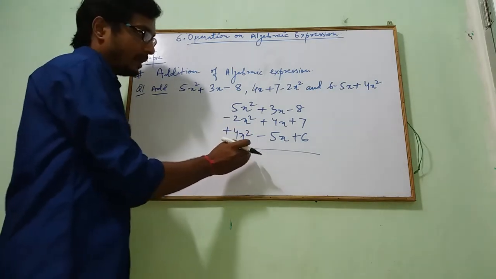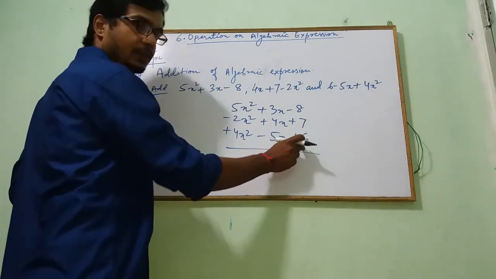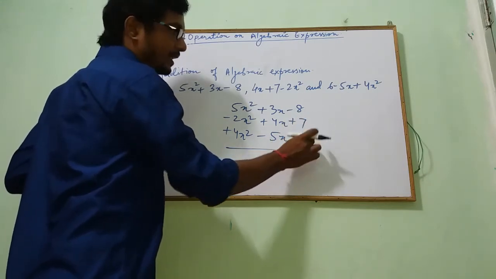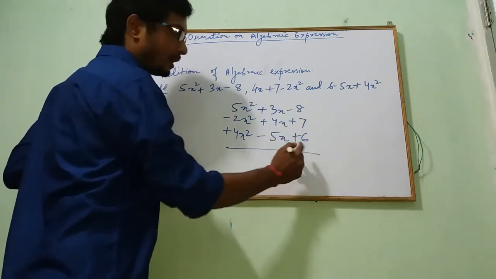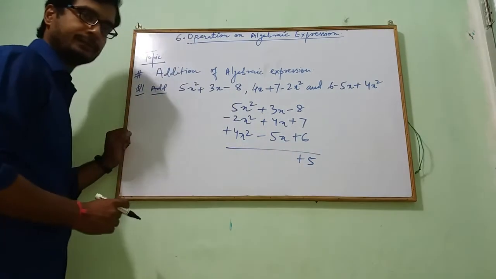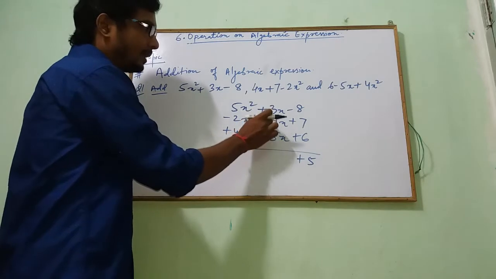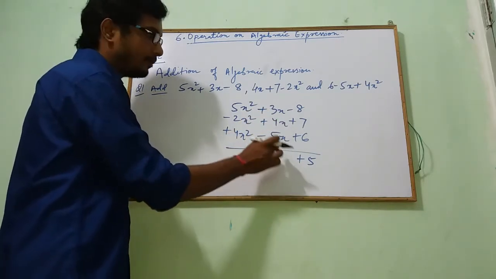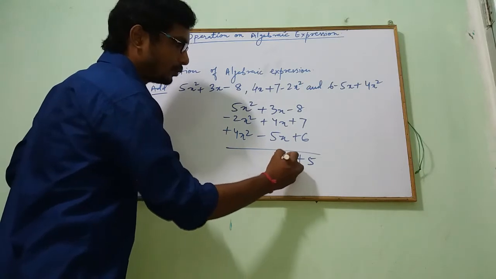Now I will add one by one. So let's see, it starts from the right end. 6 plus 7 becomes 13, 13 minus 8 becomes 5. So the answer will be plus 5. 3 plus 4 becomes 7, 7 minus 5 becomes 2.